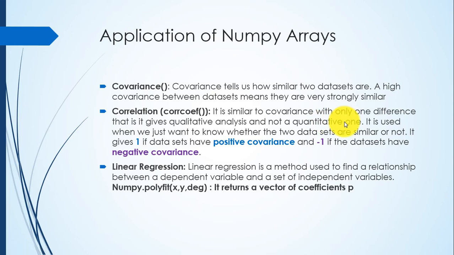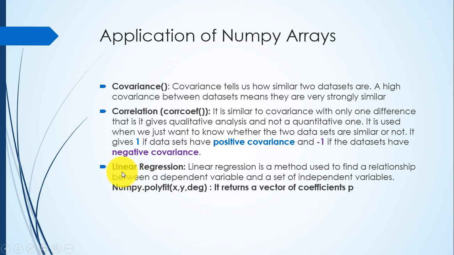It will not tell you how they are different, but it will tell you whether they are different or similar, so that's why it gives only 2 values. Positive one means positive covariance, that means these are somewhat similar in some manner, but negative values say that these are dissimilar, or negative covariance.